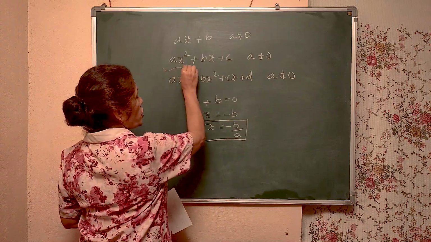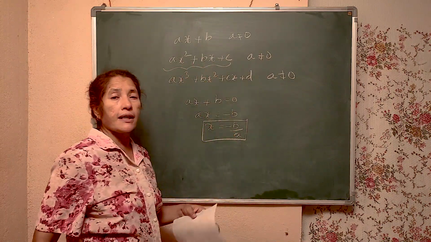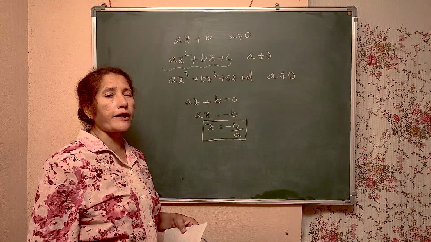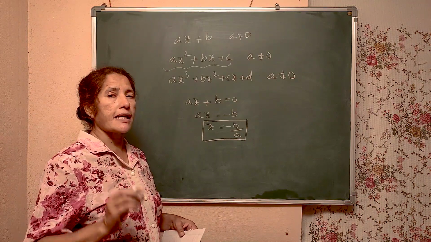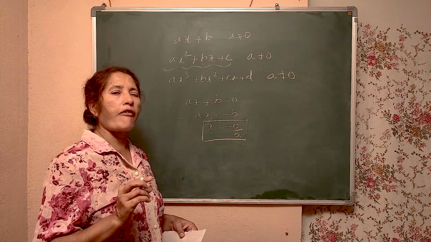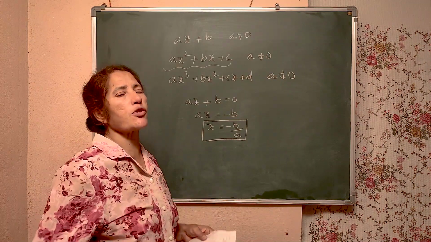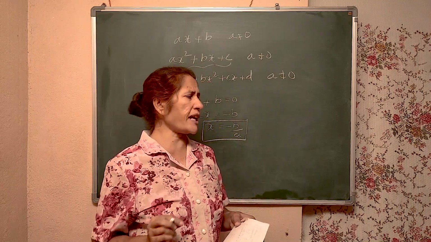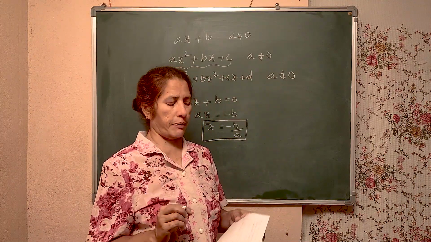What about the zeros of the quadratic polynomial? In order to find the zeros of a quadratic polynomial, we have to find the factors of this quadratic polynomial. Let me explain with one example.